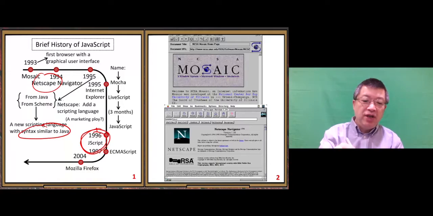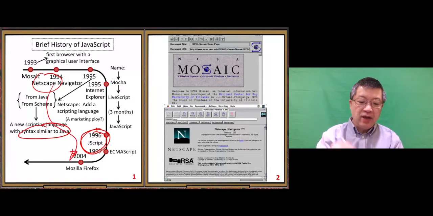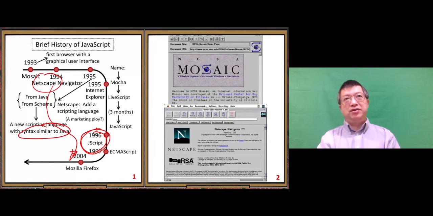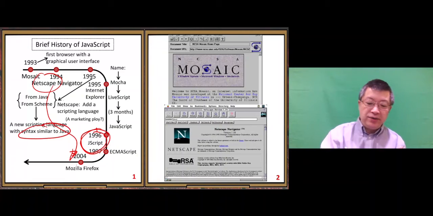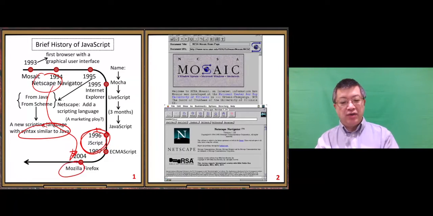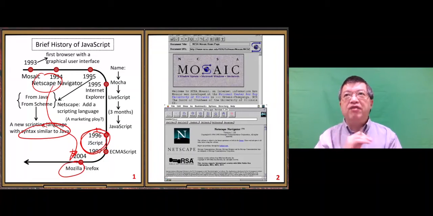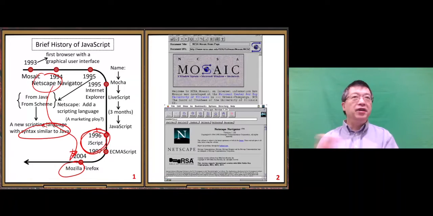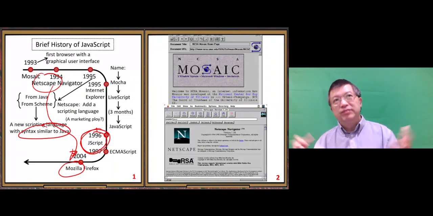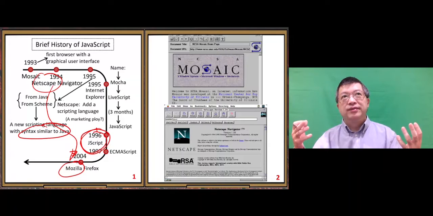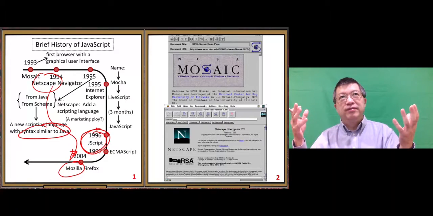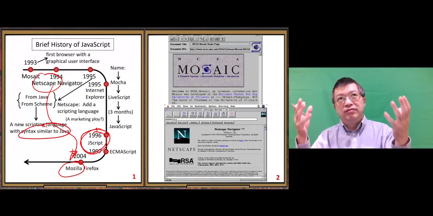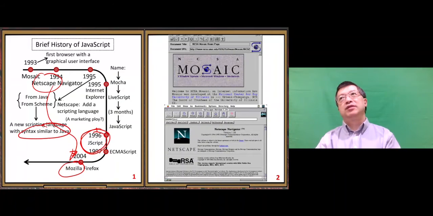But the same team formed a new organization and created a new browser, Mozilla Firefox. They had the technology, so they could quickly create another powerful web browser to compete with Internet Explorer.